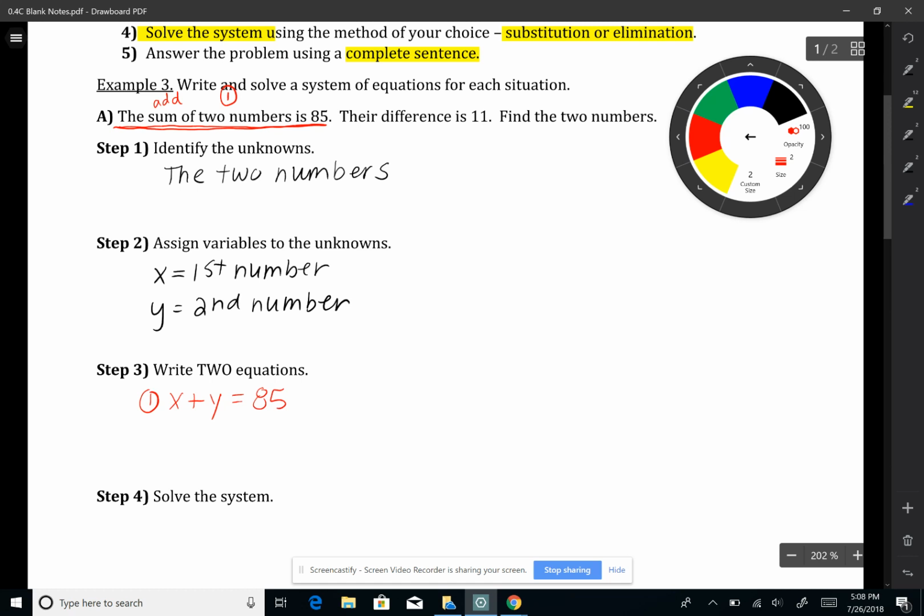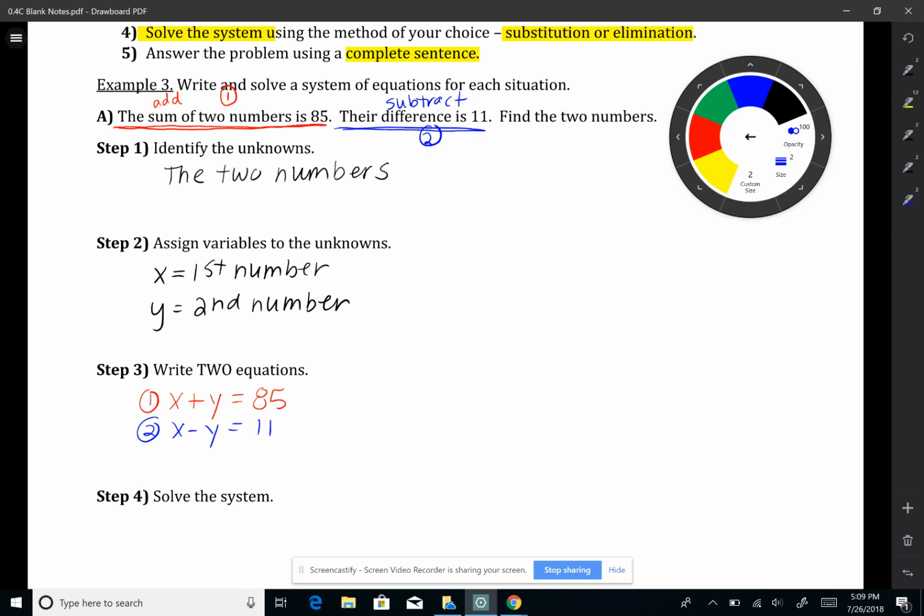Okay. The next sentence says their difference is 11. So remember, difference is subtraction. So I can write, and this is going to be for my second equation, x minus y equals 11. And that's our system. Now we're going to solve this system.